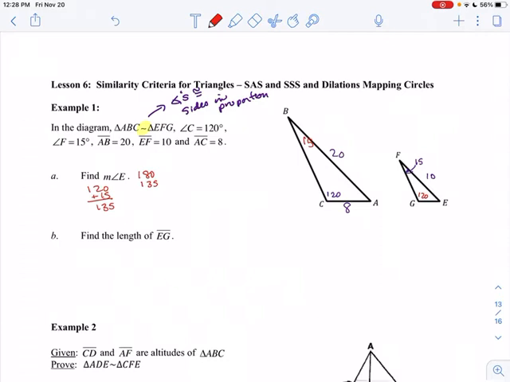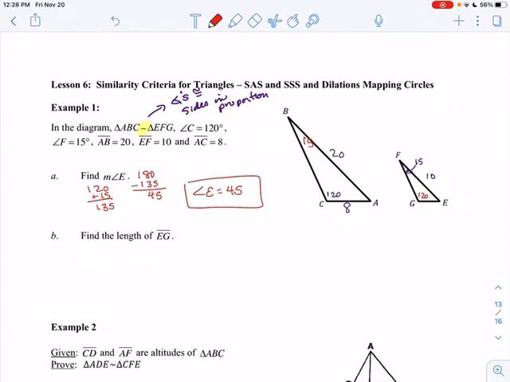So I'm going to subtract 135. And we're just going to ignore the phone there. So 180 minus 135 is 45. So that makes angle E 45. And again, it's because all three angles add up to 180 degrees. But I took an angle from the other triangle because I know those corresponding angles are congruent to each other.